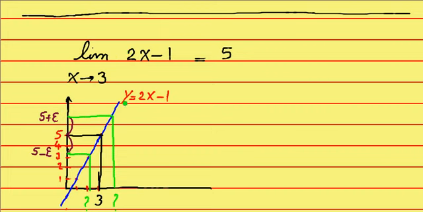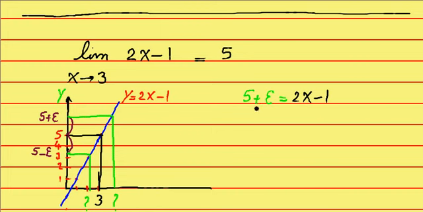So we are going to say here, our y value, here's the y-axis, our y value is 5 plus epsilon. Let me just write 5 plus epsilon is equal to, let me use a stronger color, 2x minus 1. What do I expect to get? I expect to get x.